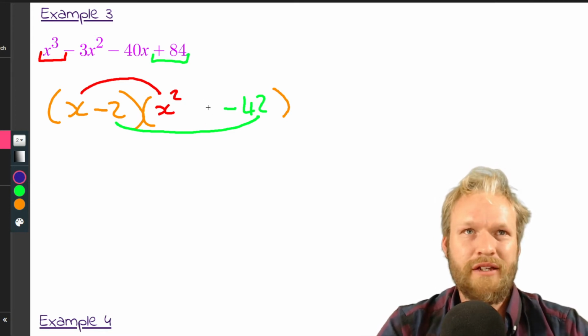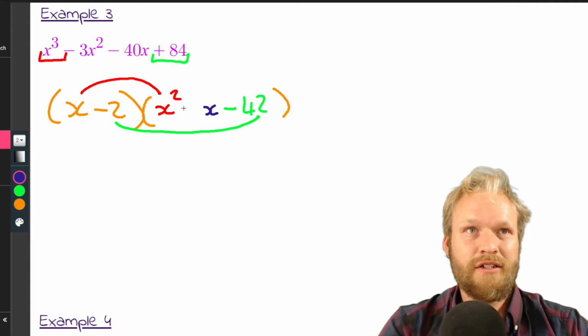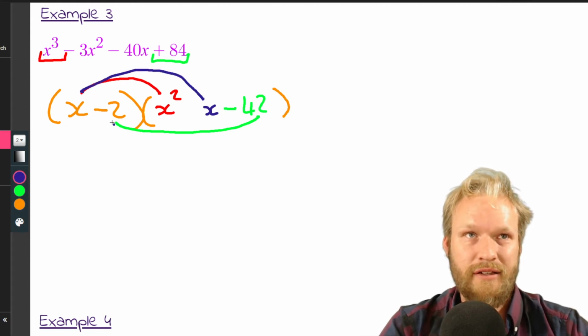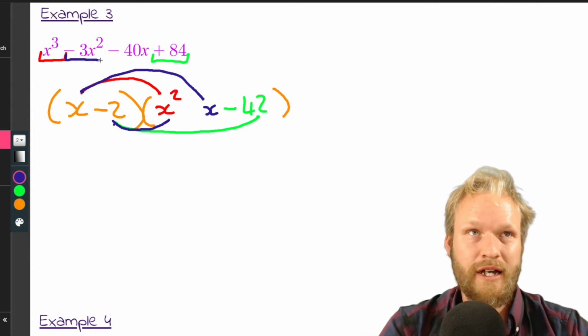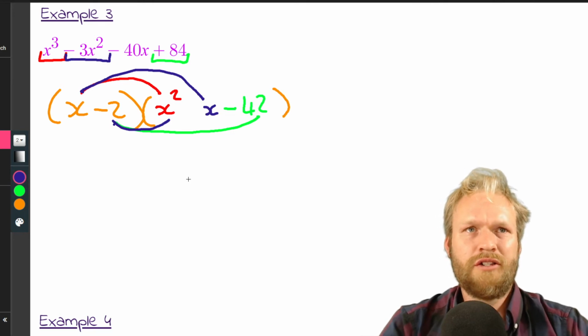Now it's going to be summing x. So what this is going to give us is, if we multiply the x squared, the x times the x, and the x minus 2 times x squared, we're going to get our x squared terms. So let's check this out.